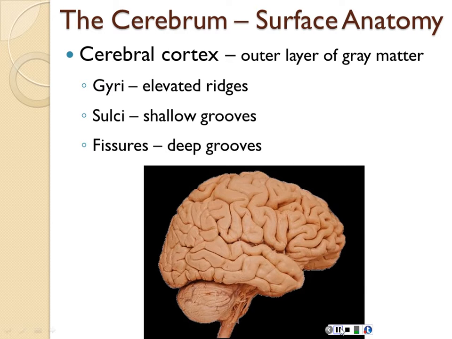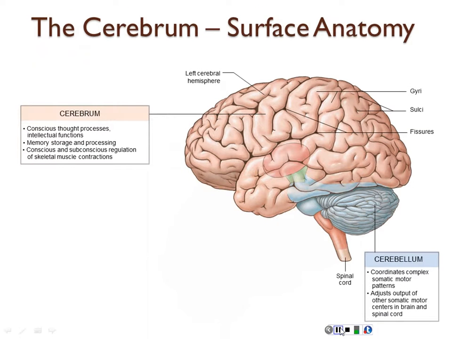If you look at the whole cerebrum and you go in a few millimeters, it's very small, that's referred to as the cerebral cortex. And you'll hear a lot about the cerebral cortex because that's where a lot of the main functional areas of the brain are located, in that outer surface of the cerebrum, the gyri.